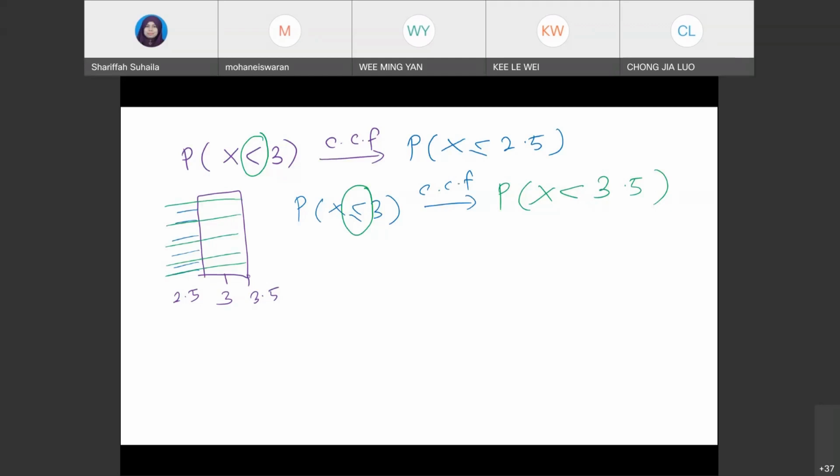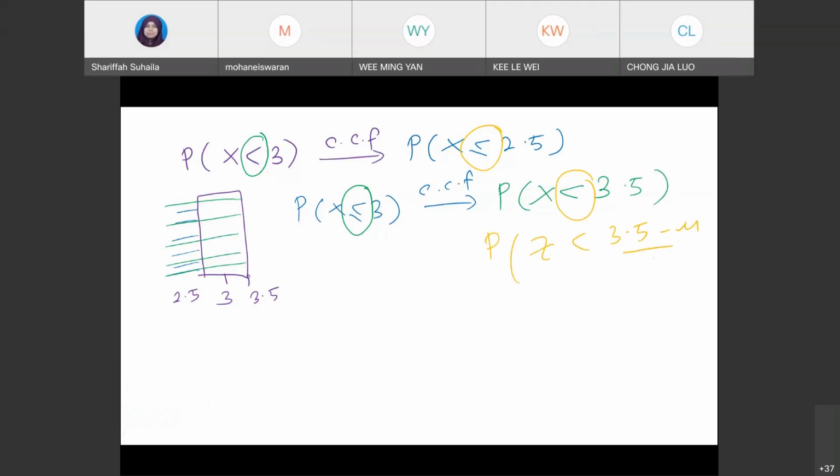But once you have already changed to the continuity correction factor, let's say in here, it's not really important whether you put equality signs or not, because once we have this, you will standardize Z, 3.5 minus mu divided by sigma.